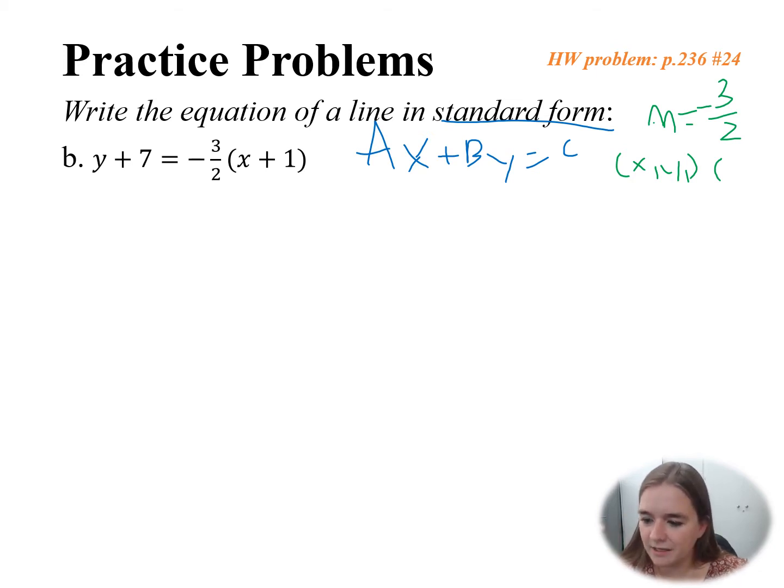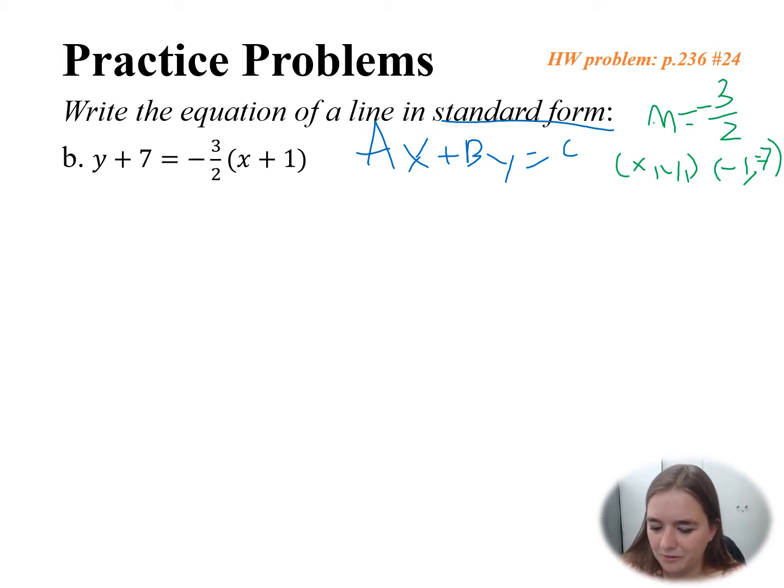So my x value in my point is really a negative 1. X minus a negative 1 gives me positive 1. And my y value is going to be a negative 7. Same idea: y minus negative 7 is y plus 7. That was just a little side note on how to deal with the different ideas for point-slope.